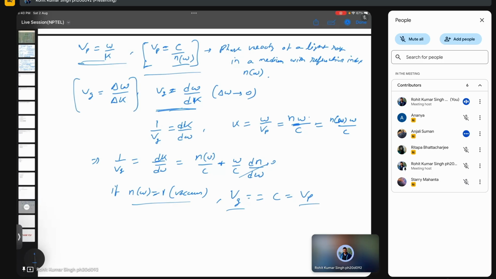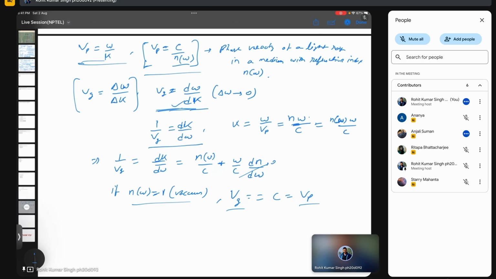Now we have this formula of group velocity from the earlier derivation. If the difference in frequency tends to 0, or gets very small, you can write a differential form, which is just d omega by dk. Then we inverted this formula.